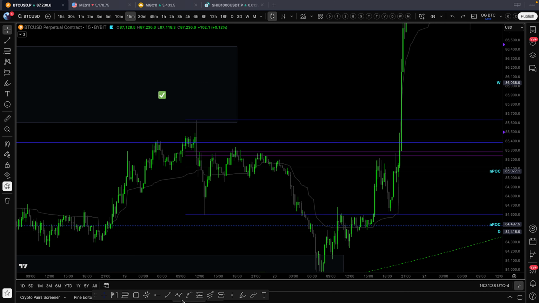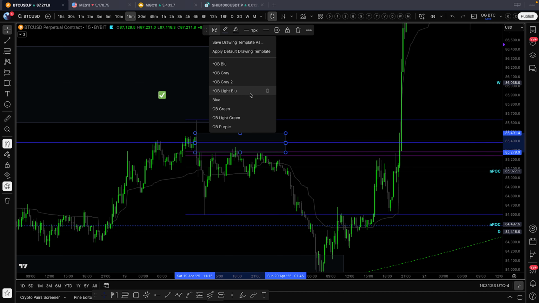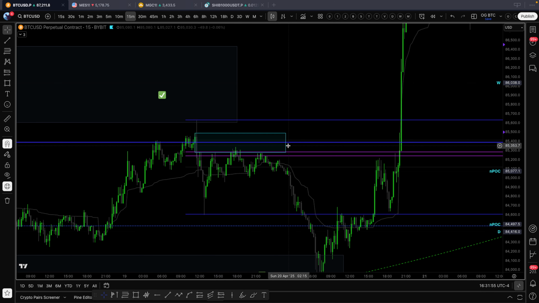And we see here that we also had a 15-minute order block that was created from the last buy to sell out of the supply. So we have this blue order block, the Fibonacci retracement, as well as a Wyckoff Model 2 distribution.